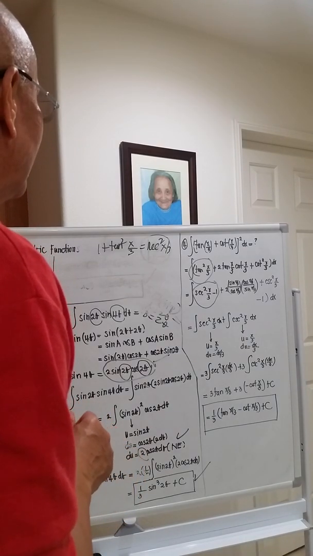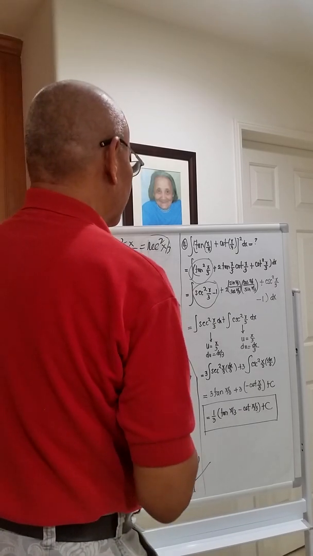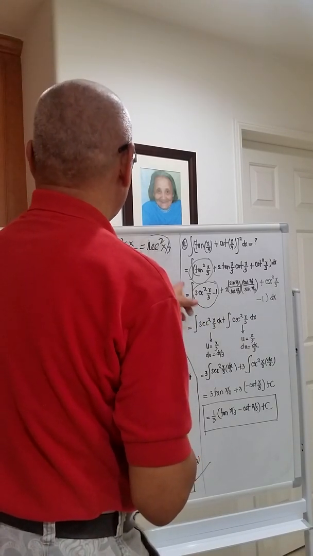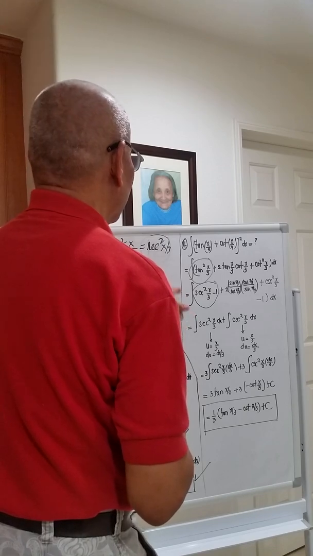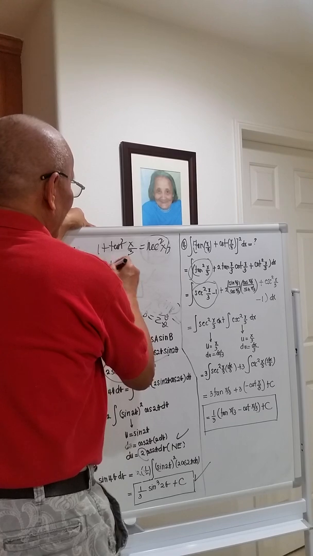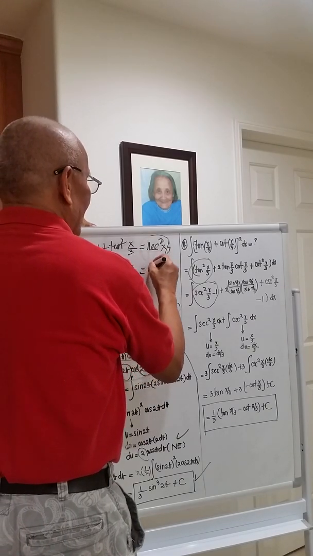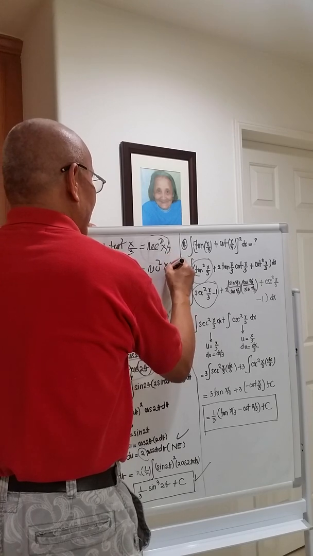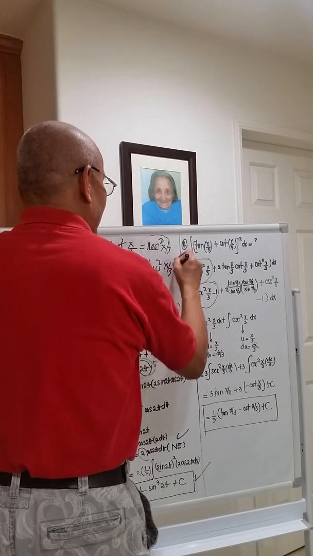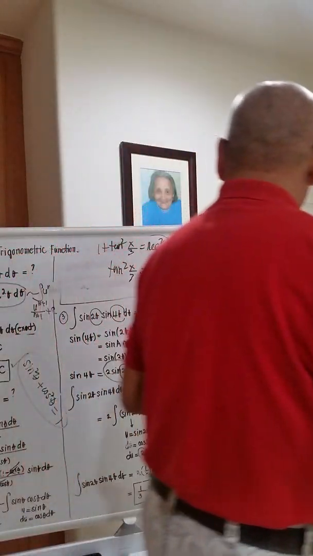Right? So if we compute the value of tangent squared of x over 3, it will be secant squared of x over 3 minus 1. That's this identity, right?